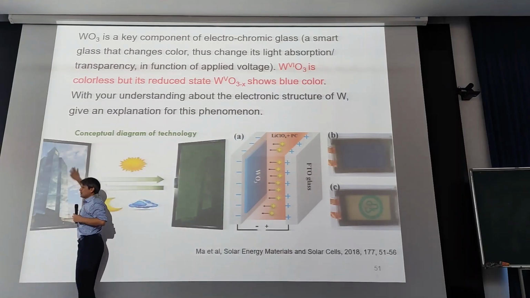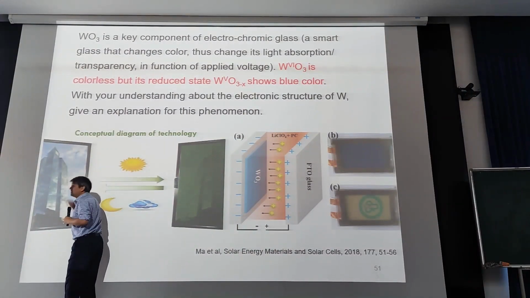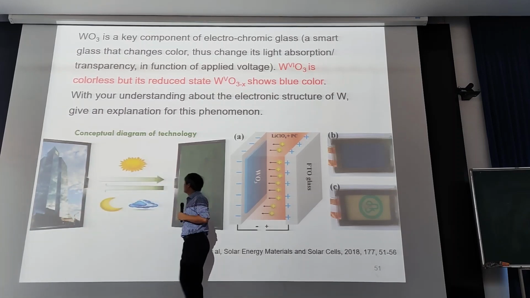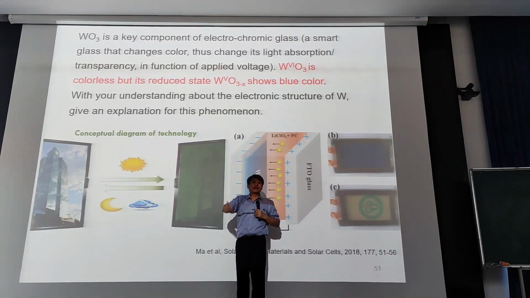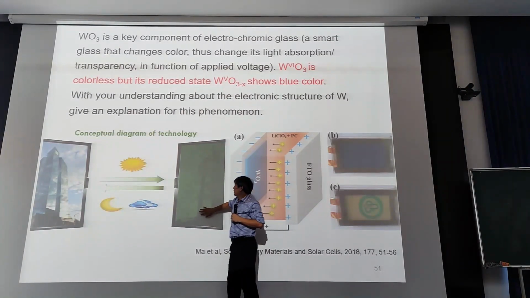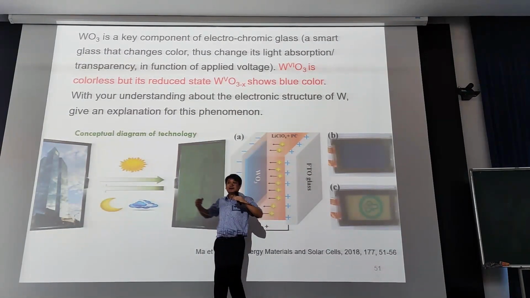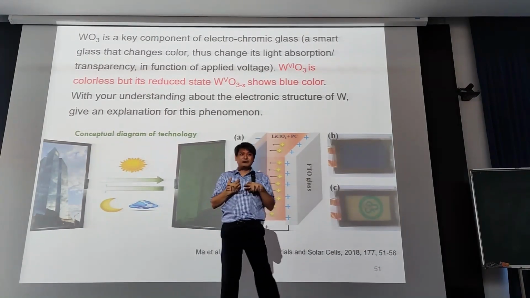In the morning, the window will be transparent like this. You can see the building outside. But then at lunch time, because the photons become stronger, we turn on the smart window and it becomes green like this. So you see, we can protect from the sunlight, right?